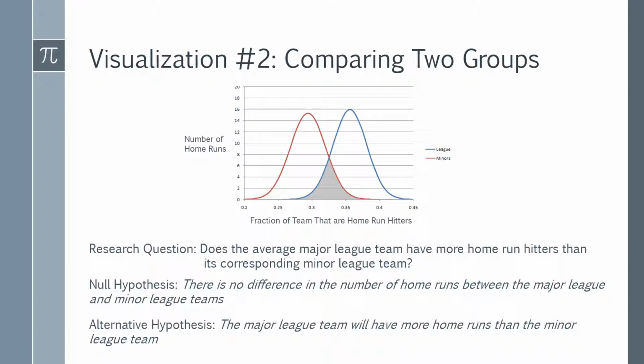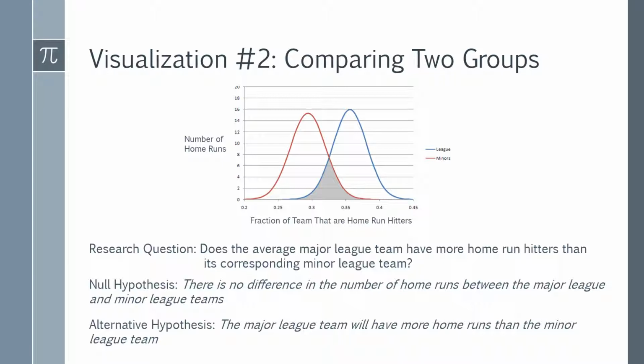The research question is set up as, does the average major league team have more home run hitters than its corresponding minor league team? So when we set up the null hypothesis, we set it up as the major league home run hitters per team equals the minor league home run hitters per team.